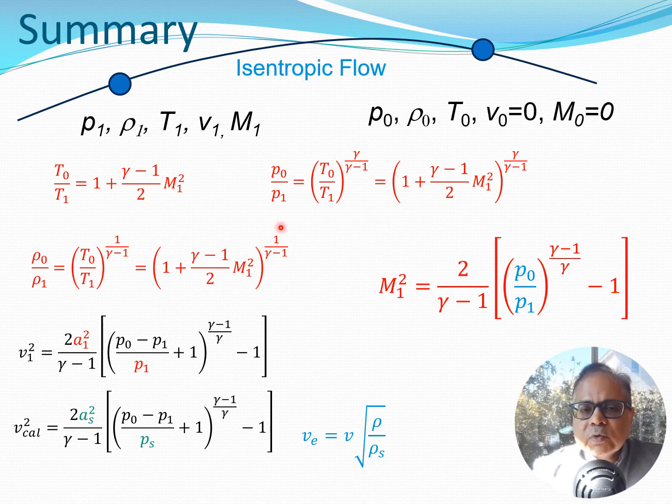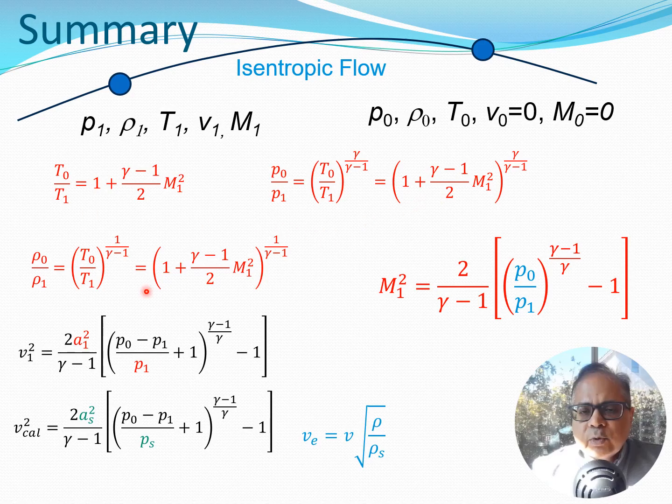So I would suggest you always remember that P0 by P1 is (T0 by T1) to the power gamma by (gamma minus 1), and rho 0 by rho 1 is (T0 by T1) to the power 1 by (gamma minus 1). And so if your professor or teacher permits you to take some kind of cheat sheet, you can write these equations in the cheat sheet and you can immediately get the larger equations which are given here.